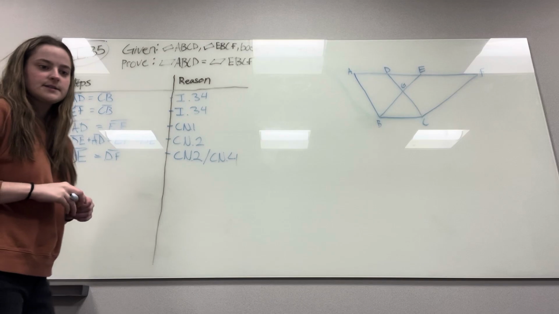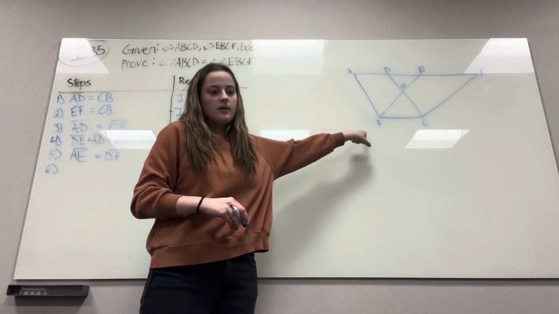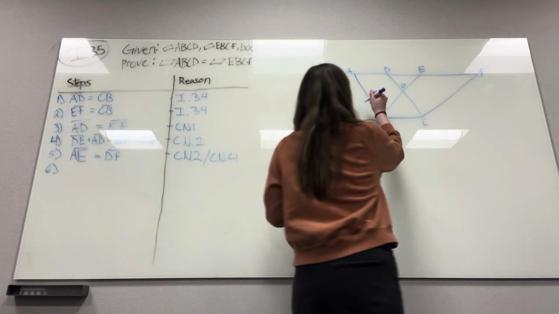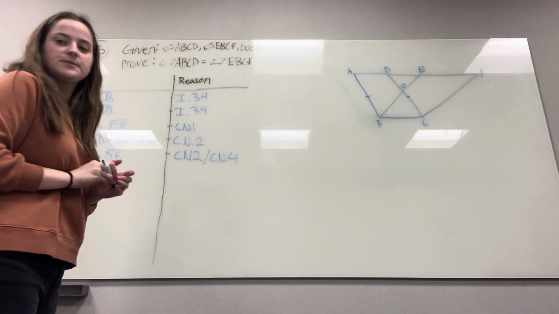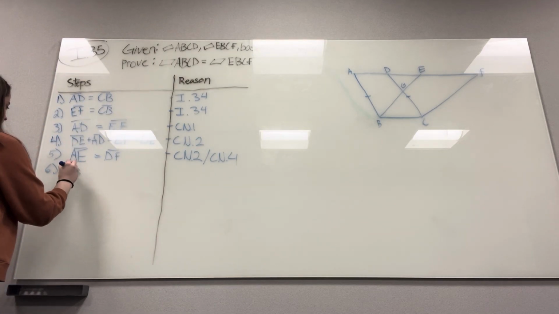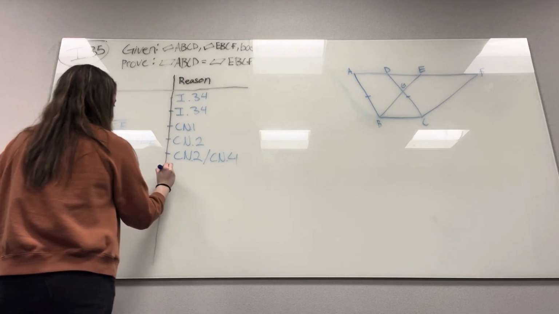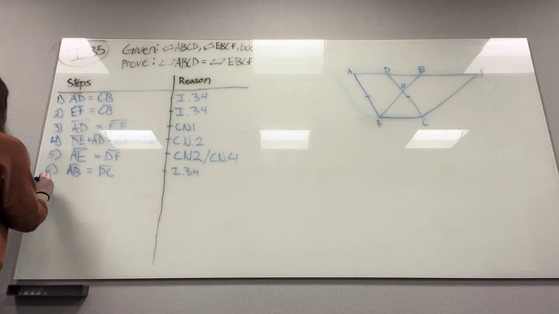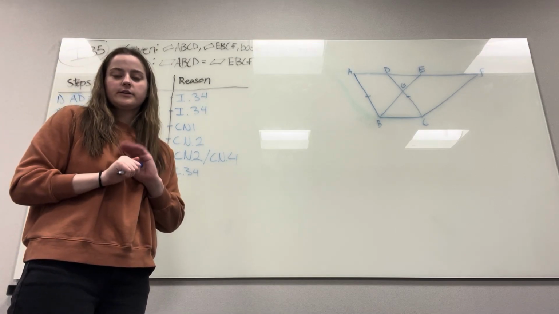So for step 6, we're going to say AB equals DC. So this equals this. And this is going to be because of Proposition 34 again. And for step 7, we're going to start working with angles.